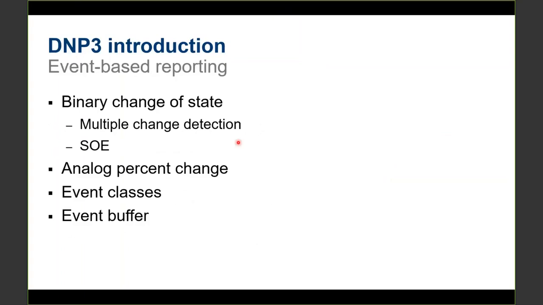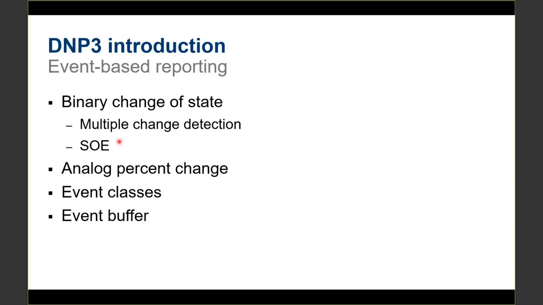The DNP3 is an event-based report protocol. And after reading this slide, some customers obviously go to the question, what is an event for the DNP protocol? Well, for digital inputs, an event is defined as a status change.